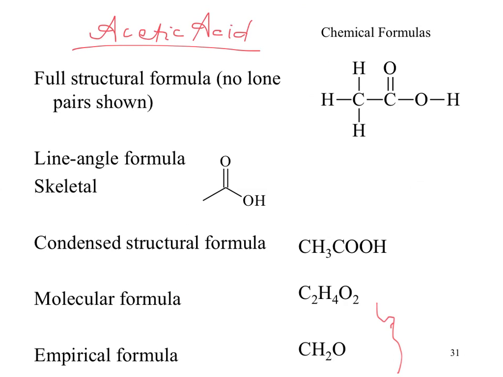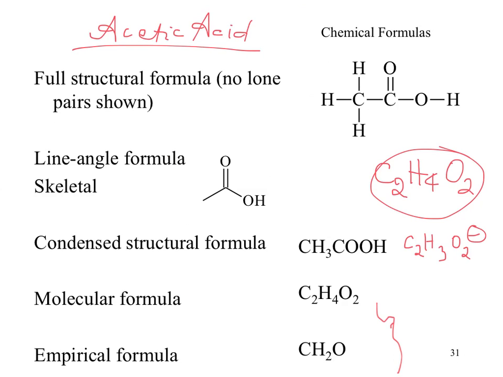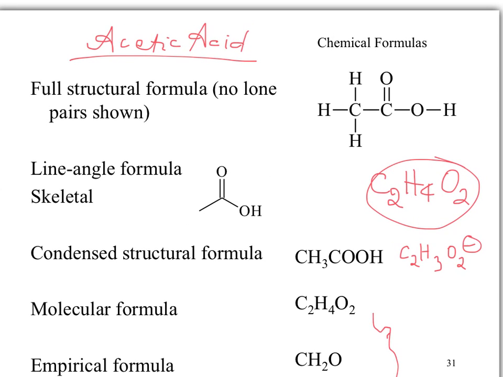The molecular formula for that is C2H4O2. A lot of times your book will also give you the corresponding anion as C2H3O2 with a negative sign. And then of course in General Chemistry 2, you were given the formula for acetic acid, which is CH3. Let's maybe change the color.